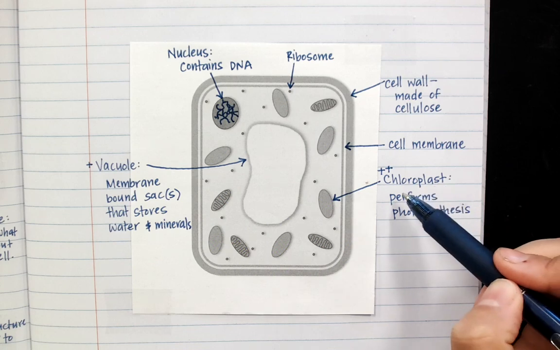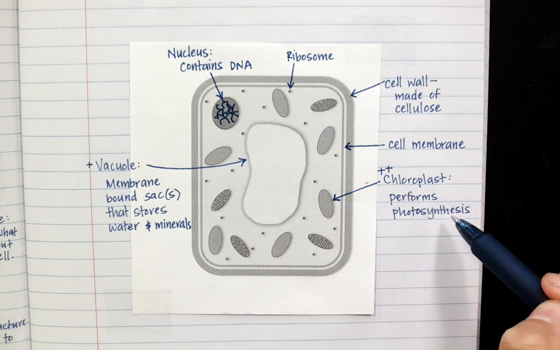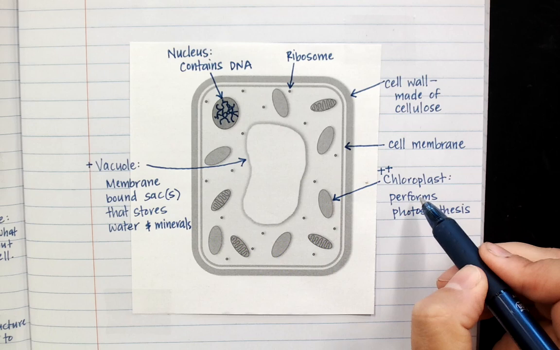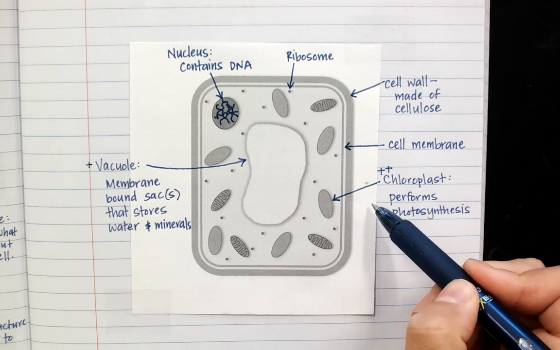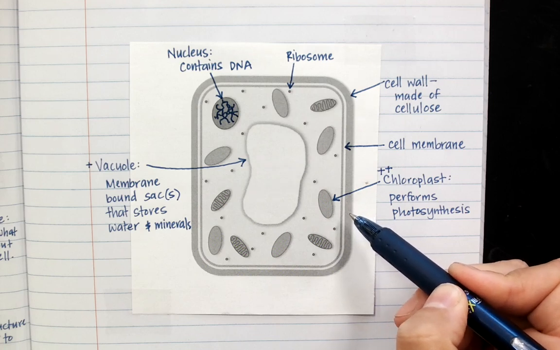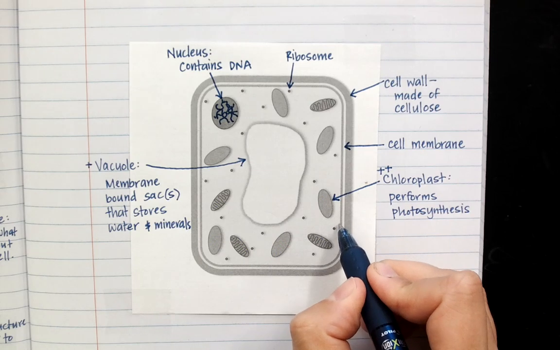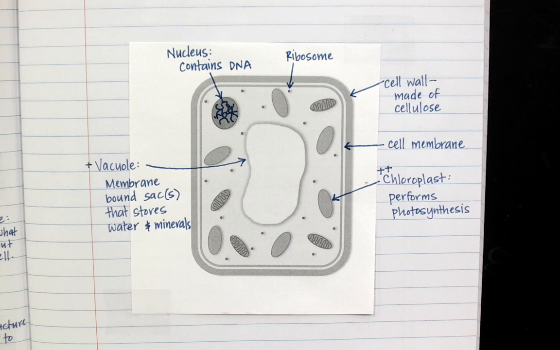So we think that it was like a bacteria that was floating around doing its photosynthesis thing, totally chilling, having its own cell membrane, and then it got absorbed or taken into a plant cell.